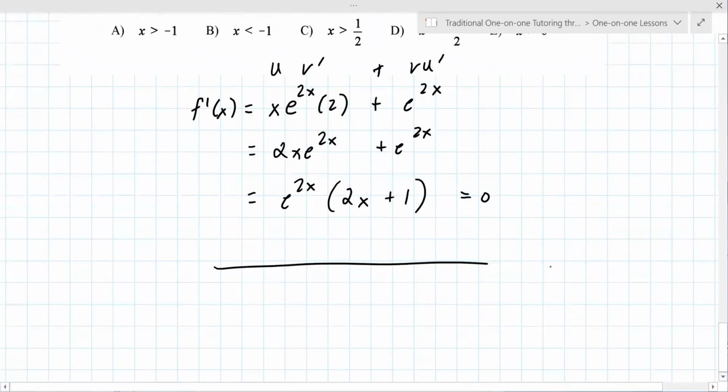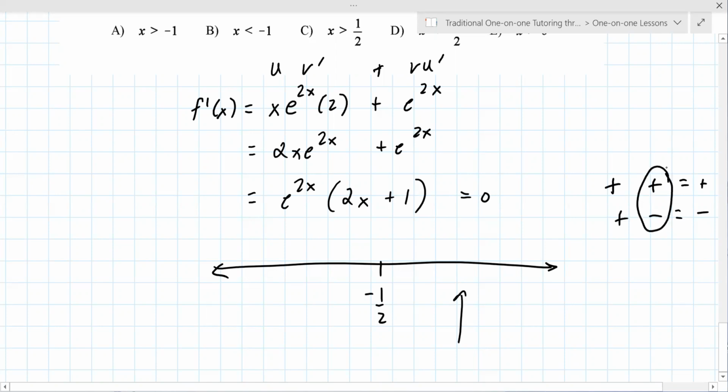Well, what I was trying to explain is that this is always positive. You can put any number you want in there. So the sign is really based on whatever is over here on the right, the 2x plus 1. Because if you have a plus times a plus, it's plus. If you have a plus times a negative, it's negative. So it really just follows the sign of the second thing.